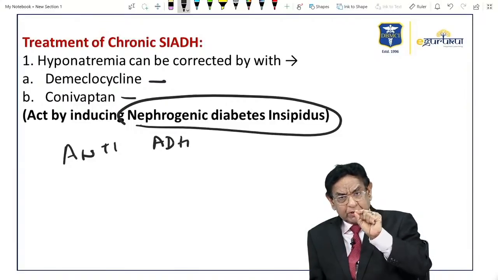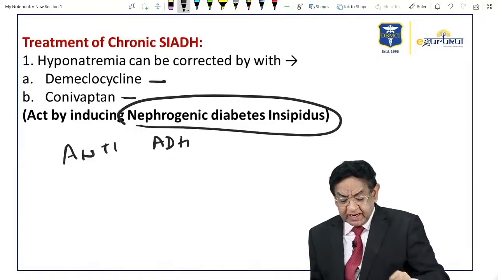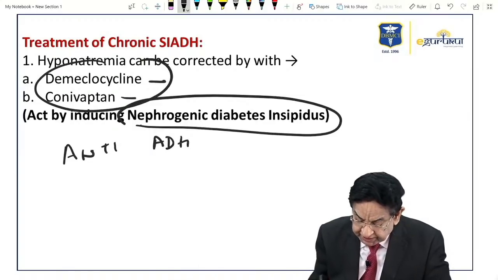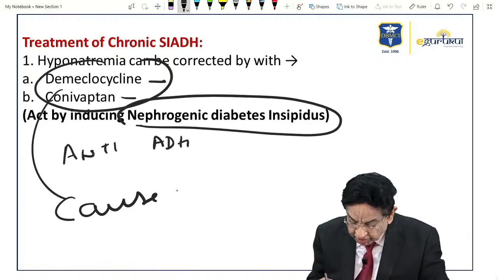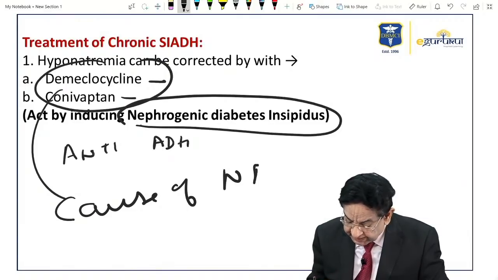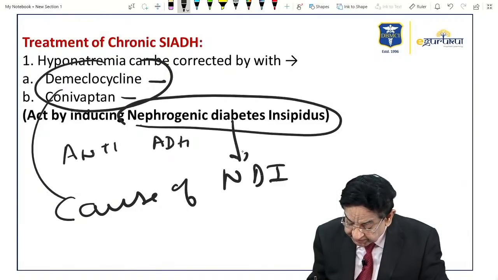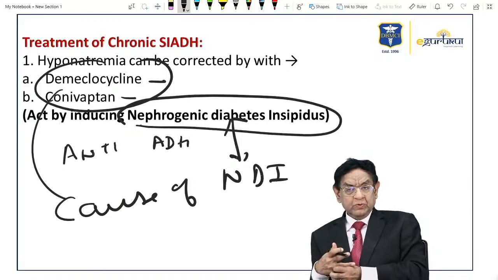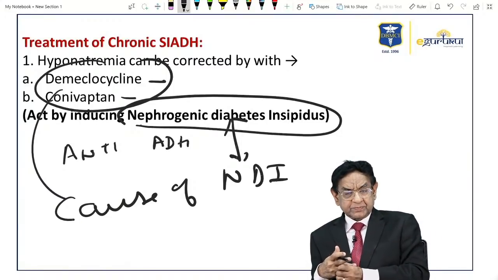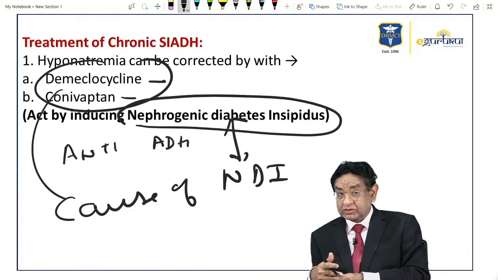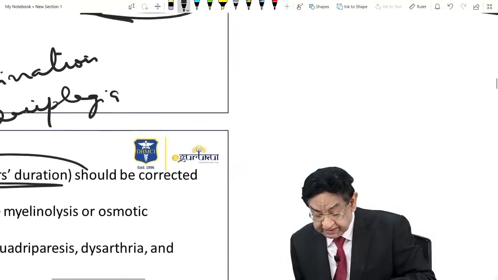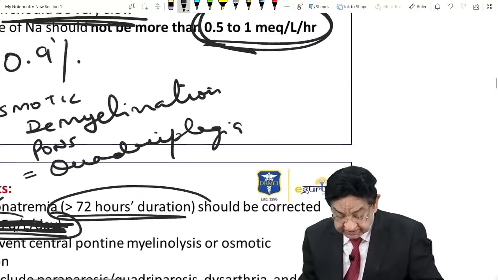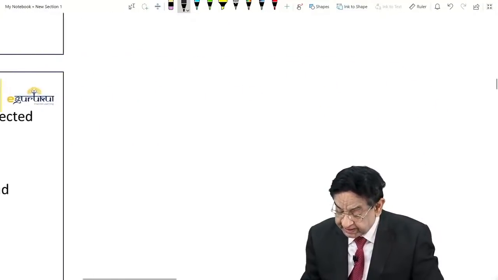So point to be noted, we are using these drugs in the treatment of SIADH, but they are the cause of nephrogenic diabetes insipidus.